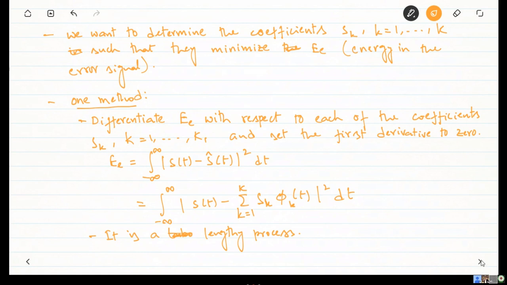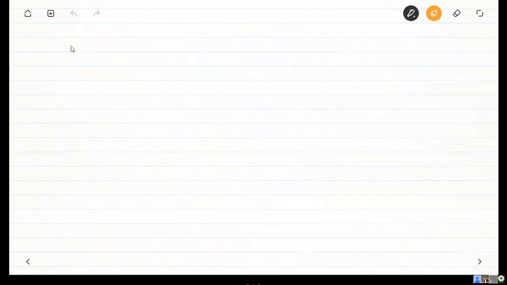Now, an alternative method to this is the following.